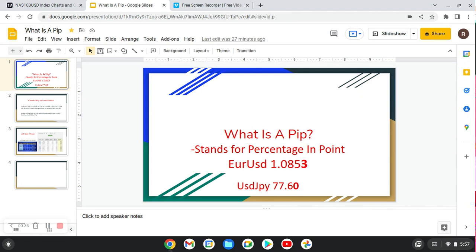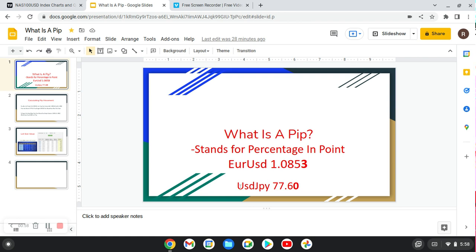Okay, so basically, what is a pip, right? A pip is very simple. It's basically the percentage in point of where a currency is, which is the fourth decimal point past the decimal. And this is for every single Forex pair except for the Japanese yen.